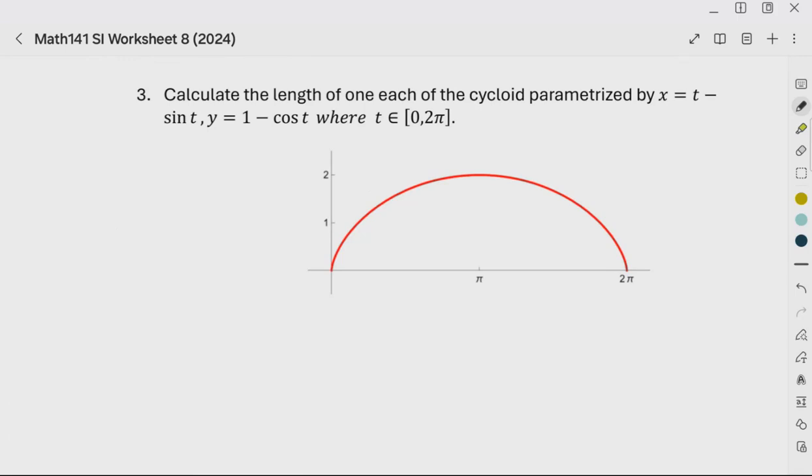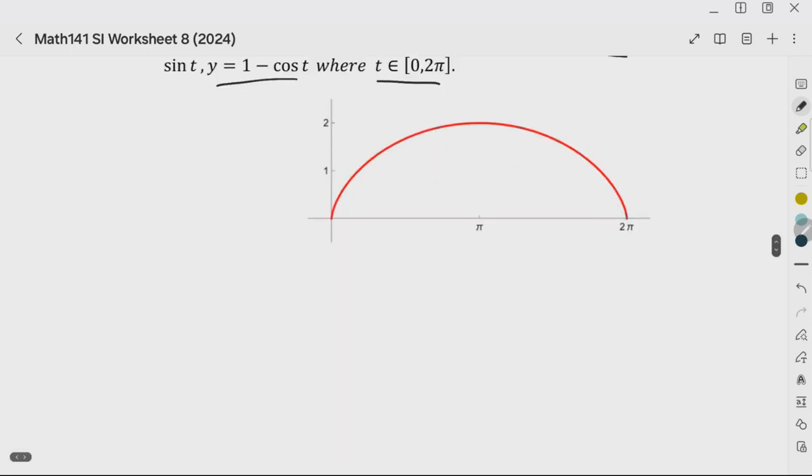Now we're looking at calculating the length of each of the cycloids parameterized by these parametric equations here for t belonging to the closed interval from 0 to 2 pi.